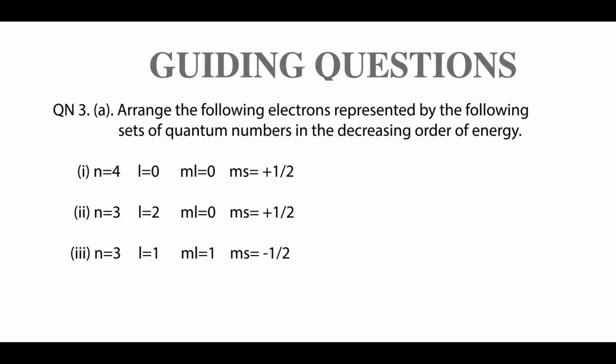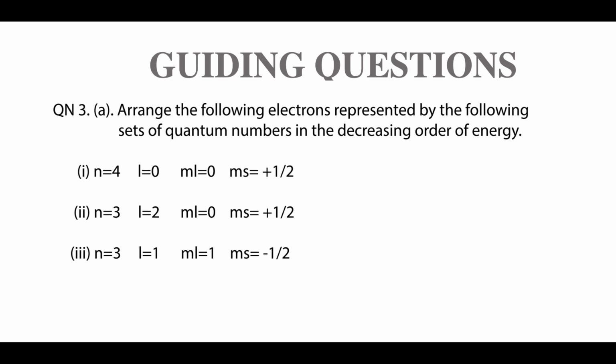Problem number 3, or question number 3: arrange the following electrons, represented by the following sets of quantum numbers, in decreasing order of energy. Roman 1, n is equal to 4, L is equal to 0, ML 0, and MS positive a half.